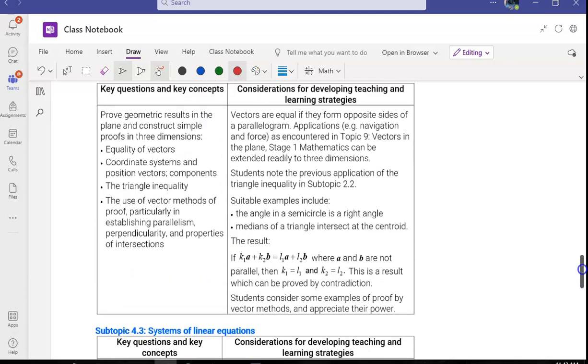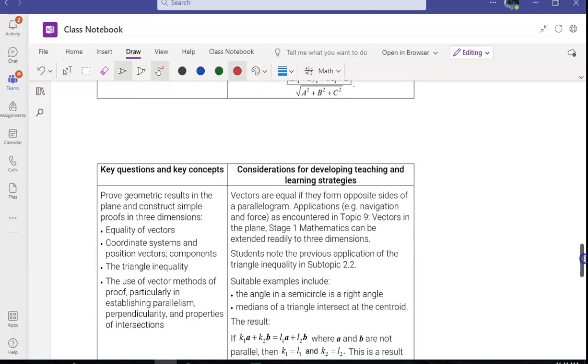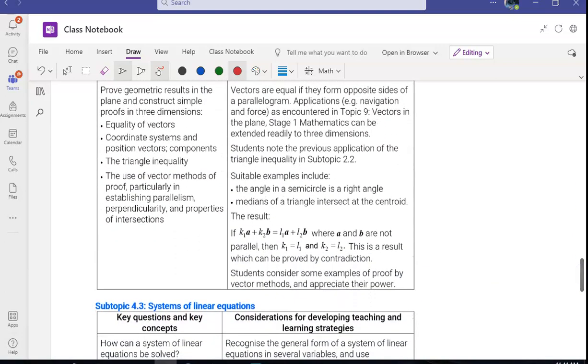So the geometry bit: prove geometric results in the plane and construct simple proofs in 3 dimensions. Parallelism, perpendicular, and properties of intersections. So that's making sure we can interpret.